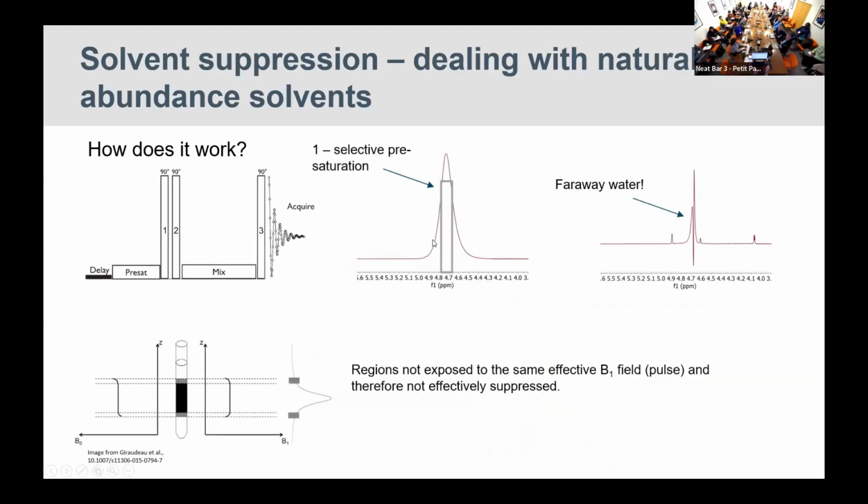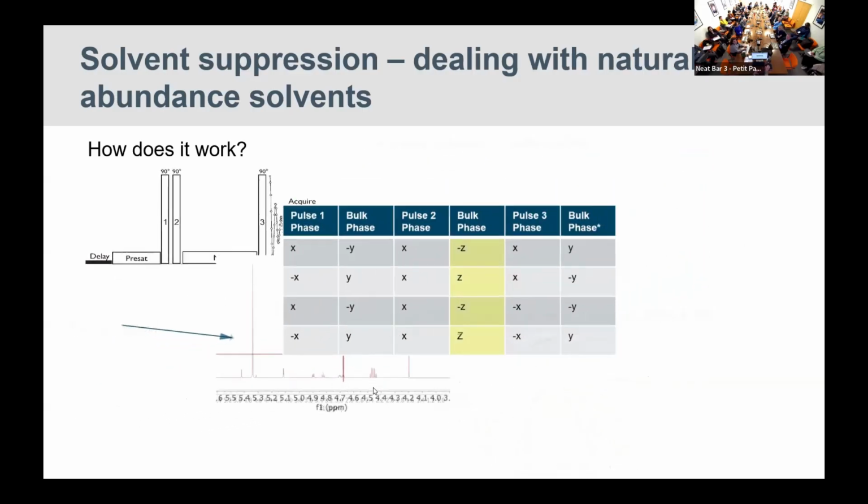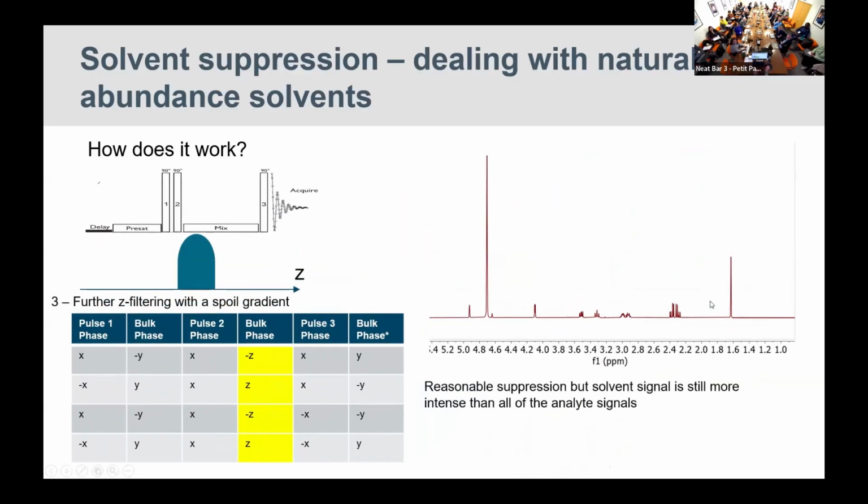So you can't really see anything but water here, and then you start to see other peaks here, and then when you do the full suppression, you can see your analyte peaks, but the water signal is still the most intense signal in your spectrum.